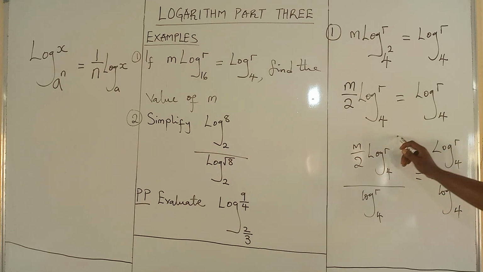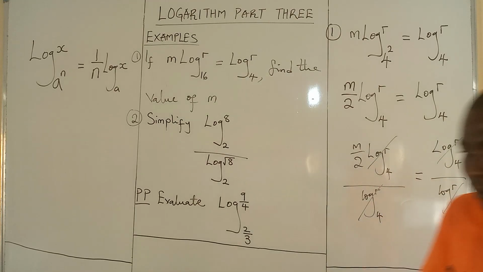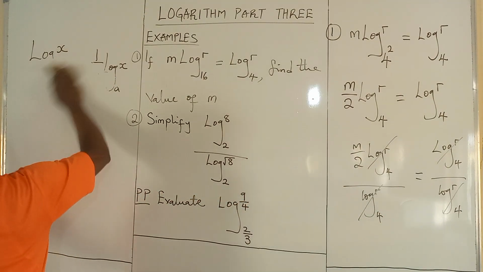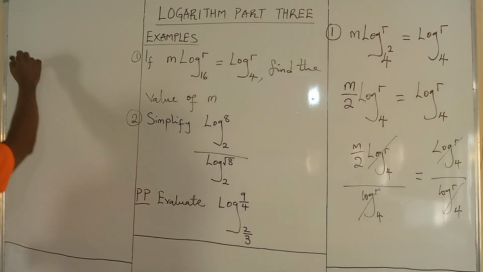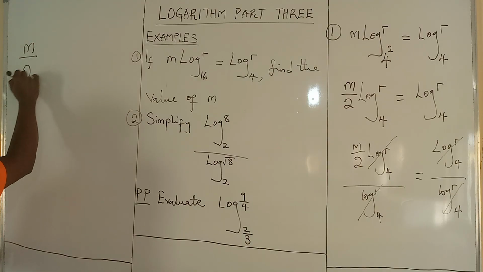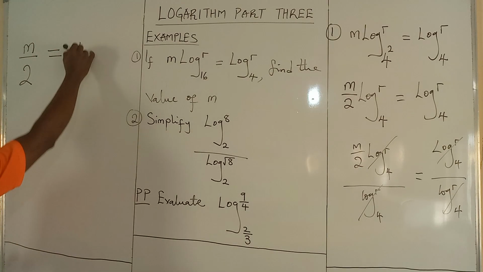As you can see, this will cancel out, and you'll be left with m over 2 is equal to 1.